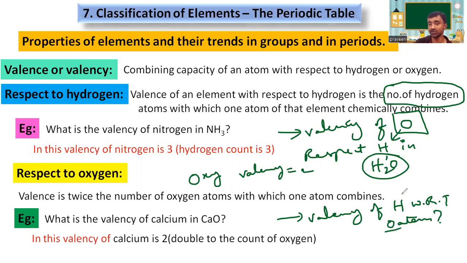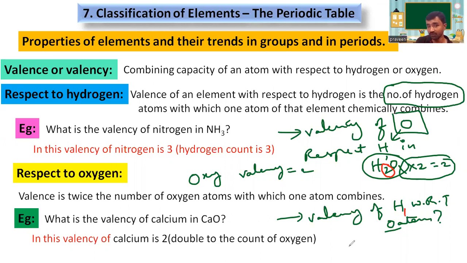Sir, hydrogen monoxide has just 1 oxygen atom, so if I double it I get 2, but that is not the valency of hydrogen. But here you need to understand one logic. How many hydrogen atoms are there? 2. We require only 1 here.